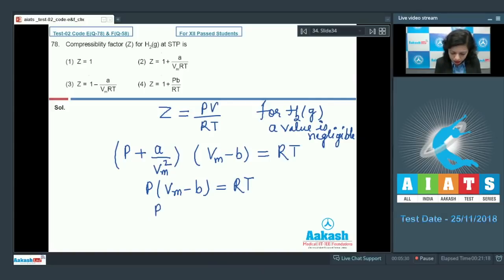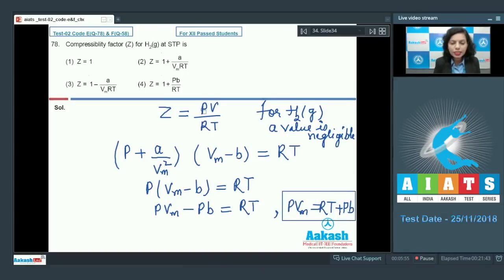So we can also write it as PVm minus PB equals RT, and in this case the value of PVm becomes RT plus PB. Now just take this value and place it in the first equation that we considered here.